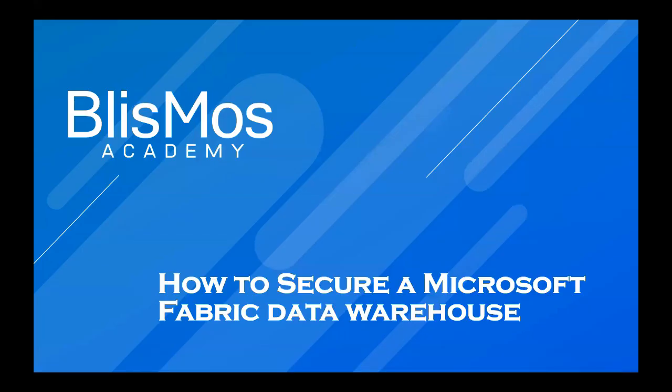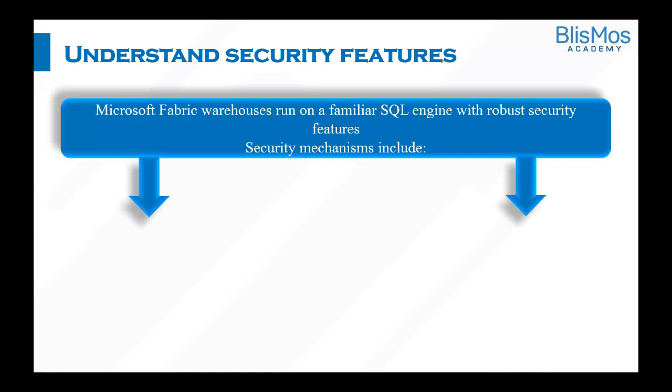Okay. How do we secure the Fabric data warehouse? Any thoughts from anyone? Access management. Access management is one of the very important aspects. Any other aspects? We can look at the security aspects of the data warehouse in three dimensions.